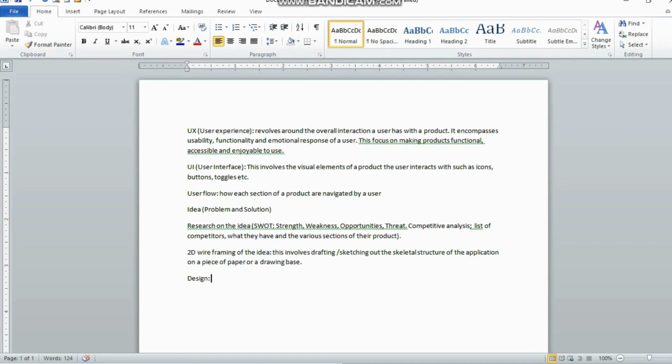Now, in the designing stage, you transfer this 2D sketch, this 2D design on your paper, to the virtual environment using Figma.